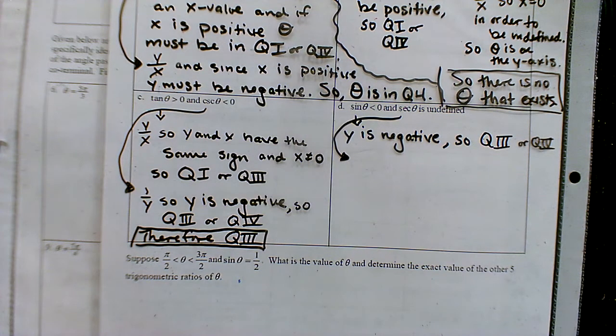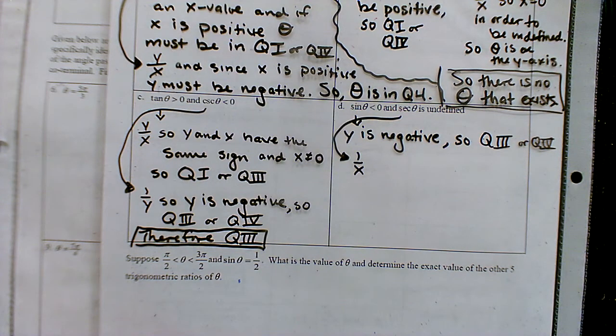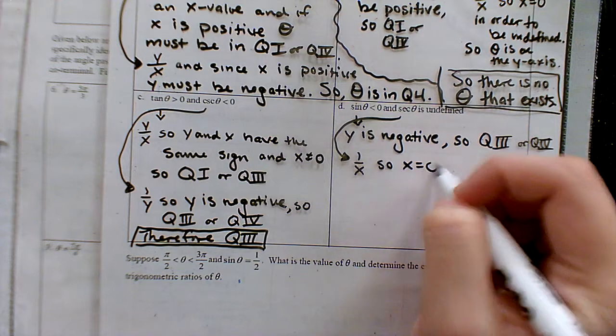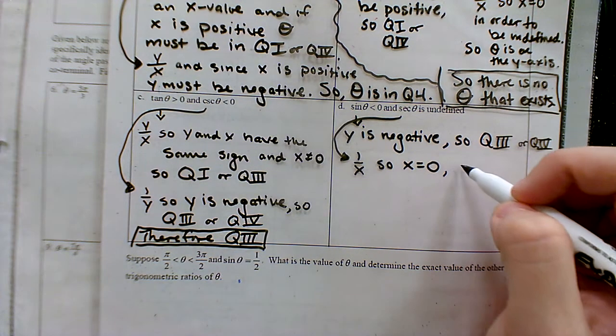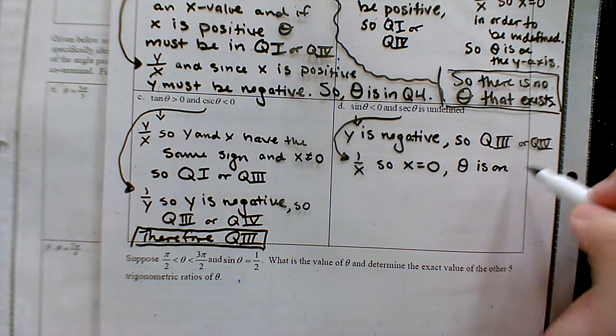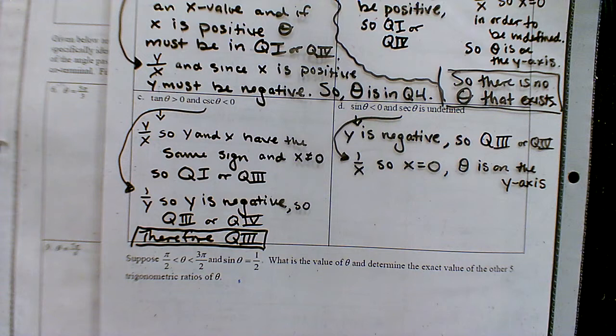Let's try secant. How's that related to x or y? Yeah. 1 over x. All right, so secant is undefined. So that must mean x equals 0. If x equals 0, then the angle is on the y-axis.